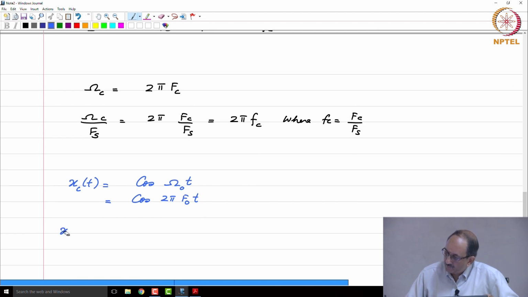And then if you think of the sequence x of n, which is obtained by taking uniform samples of the underlying continuous time signal. Remember, this x of n is not the impulse train sampling, it is just the sequence of numbers taken cap T apart.